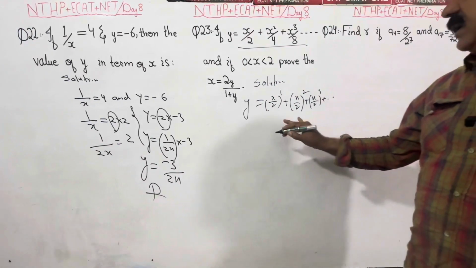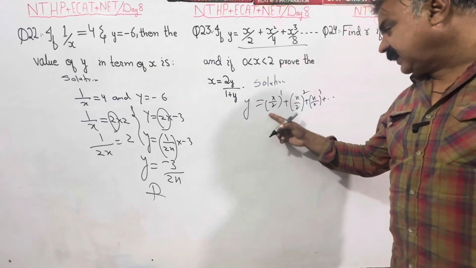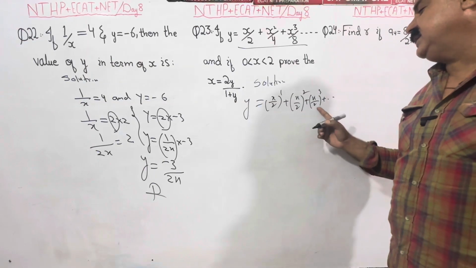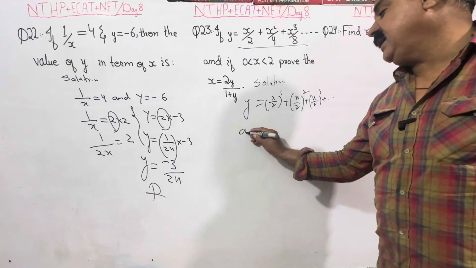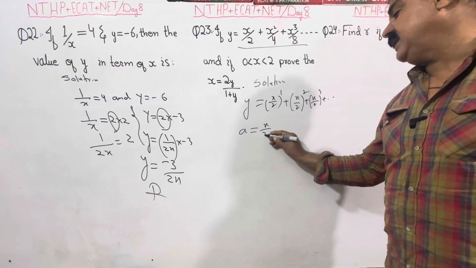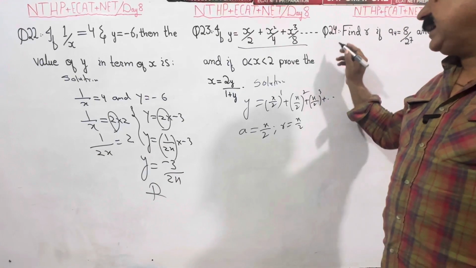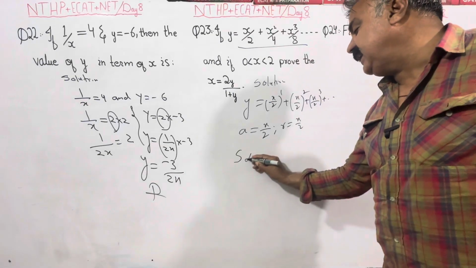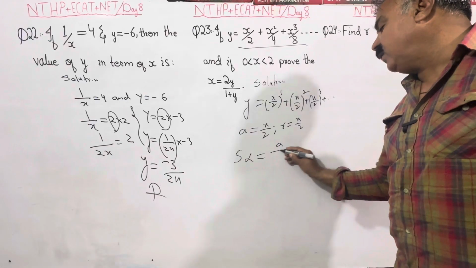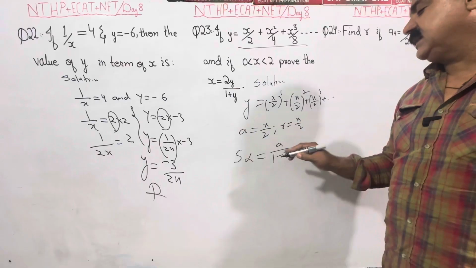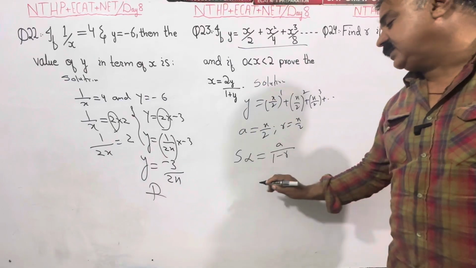Now you have a good idea about this. It is a geometric series where a is equal to x over 2 and the common ratio is also x over 2, and it has infinite terms. Sum to infinity is given by a over 1 minus r. Here a is x over 2, r is also x over 2.